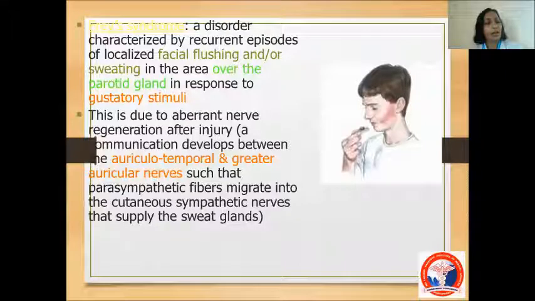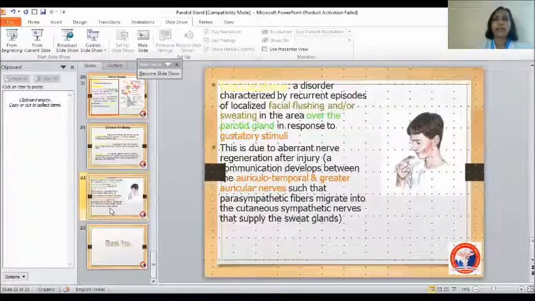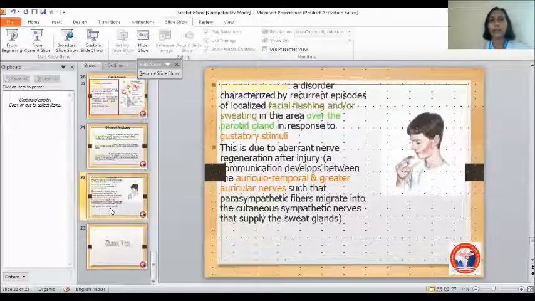That is, when the person is eating food, there will be sweating over the region of the parotid gland. That is, when the gland is supposed to secrete saliva in response to food in the oral cavity, there will be sweating over the skin of the gland.